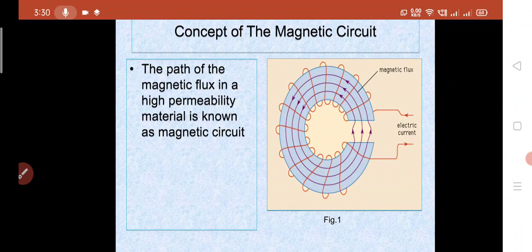The opposition that the magnetic circuit offers to the flux is called reluctance. It depends upon the cross-sectional area of magnetic circuit, length of the magnetic circuit and nature of the material with which the magnetic circuit is made.